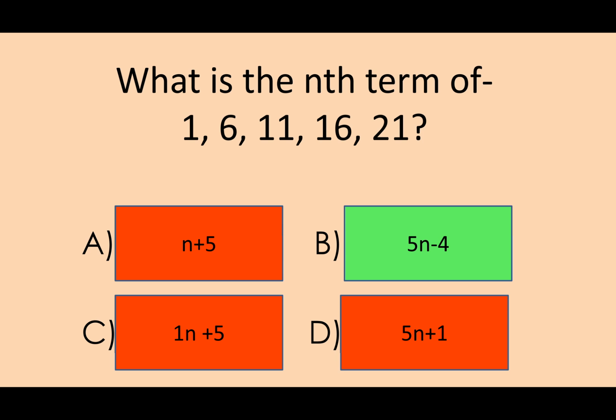It was B. The difference between 1 and 6 is 5, so the first part of the answer would be 5n. Now, what do we need to add or take away from 5 to get to 1? We take away 4. So that gives us 5n minus 4.